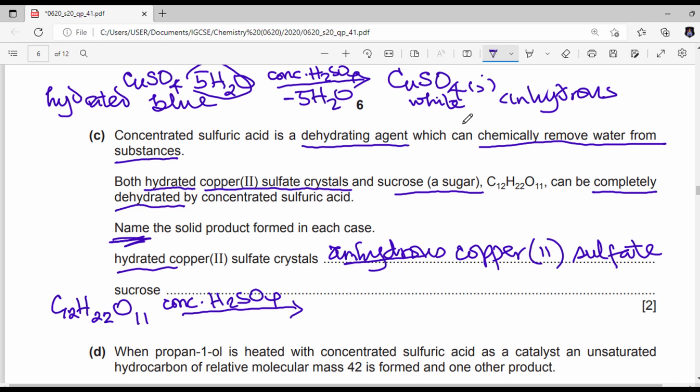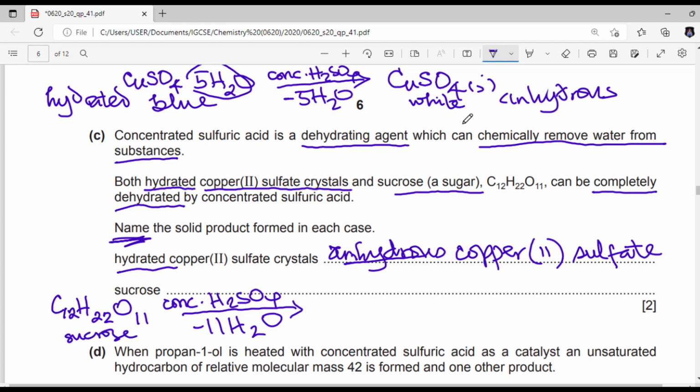Now, how many water molecules, how many H2Os can we get from this compound? If you analyze this carefully, you see that you can get 11 H2O, because 11 times 2 will give you 22 hydrogen atoms, while 11 times 1 will give you 11 oxygen atoms.